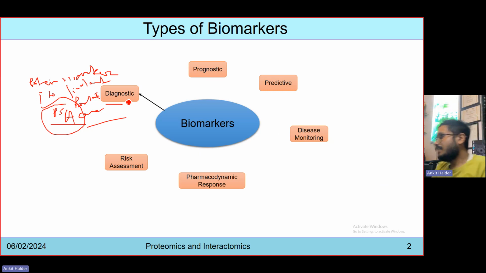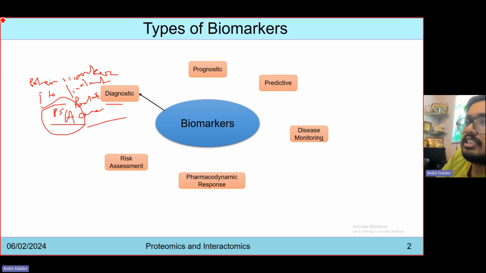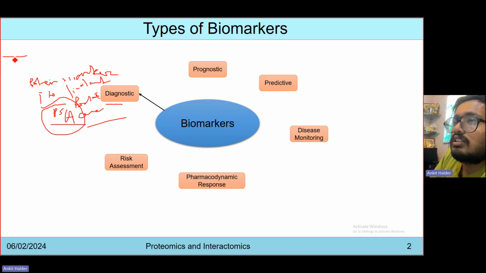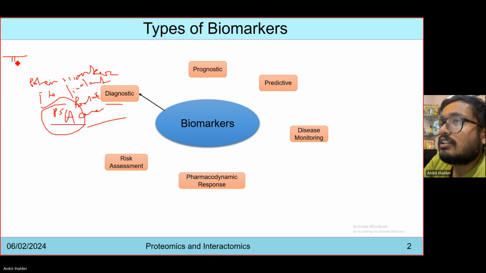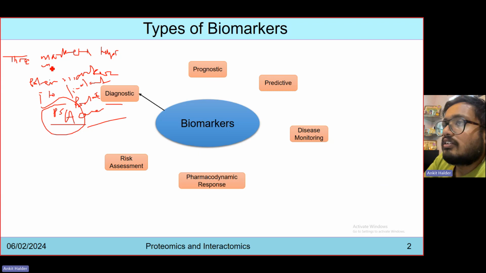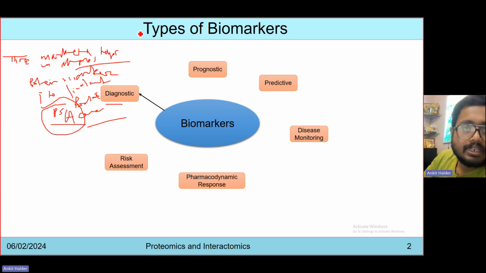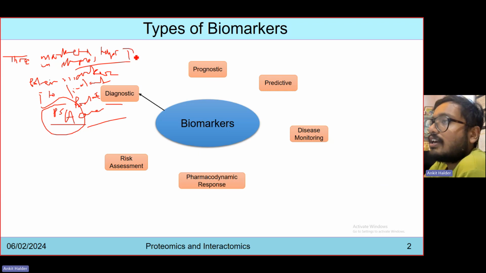So one can write the definition in such a way that those markers help in the diagnosis of a disease, which help the medical persons to diagnose.